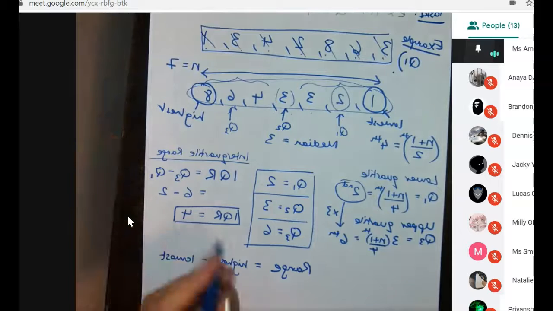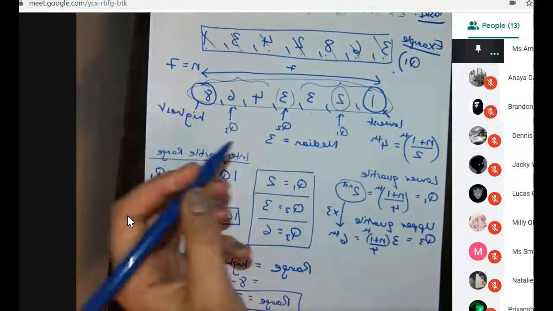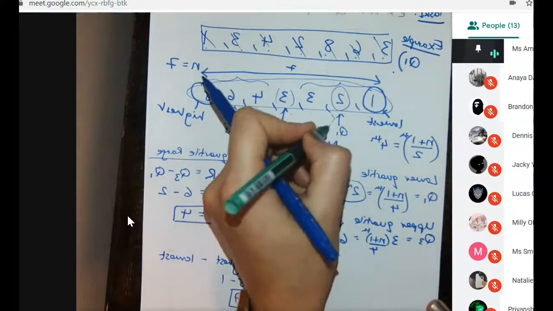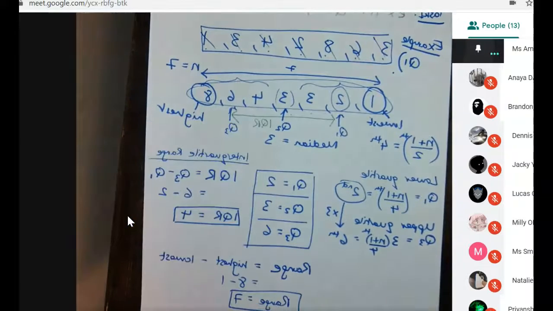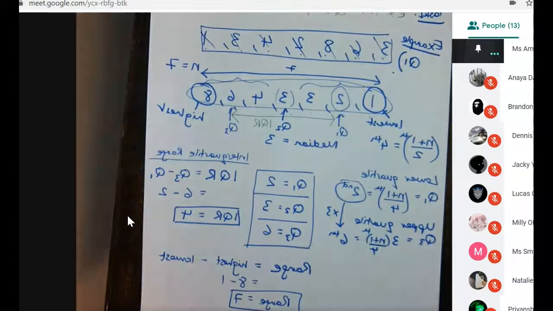So from 1 to 8, or 8 minus 1, we get 7. So the range for this set of data is 7, and the interquartile range is the distance just between here and here. Okay, so it's just looking at the difference between the middle half of the data, we call that.